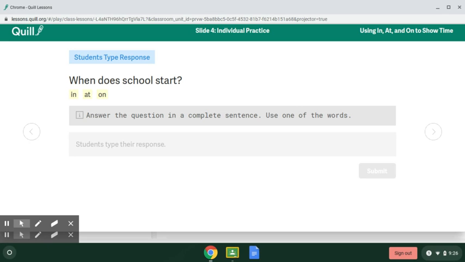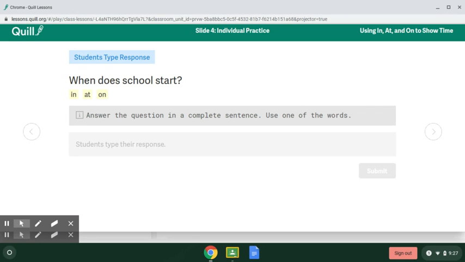In which case you use the preposition at because you are referring to a specific time. Some of you might be thinking, oh, school starts in August, because you were thinking of which specific month the school year starts. You could have also been thinking school starts in fall. We would also use in when we talk about a season.